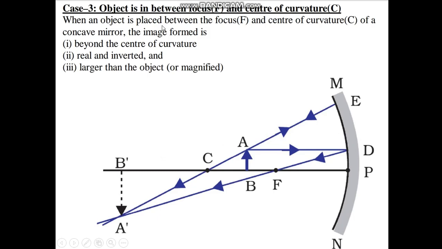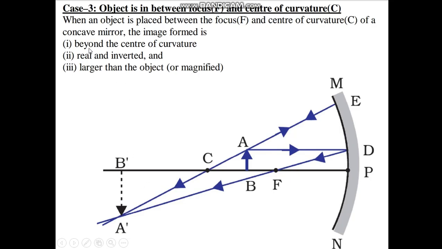Third case is object in between focus and center of curvature. Then one ray is parallel to the principal axis passing through the focus. Another one is passing through the center of curvature and then they will meet at this point, that is beyond C, that is beyond the center of curvature.